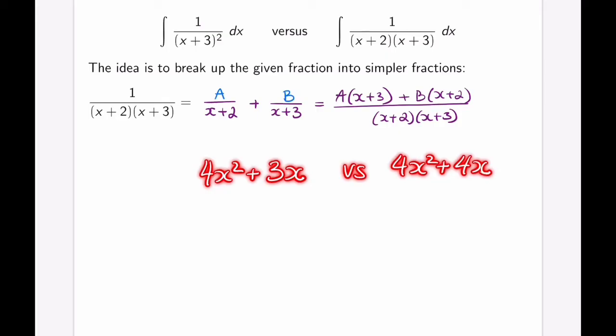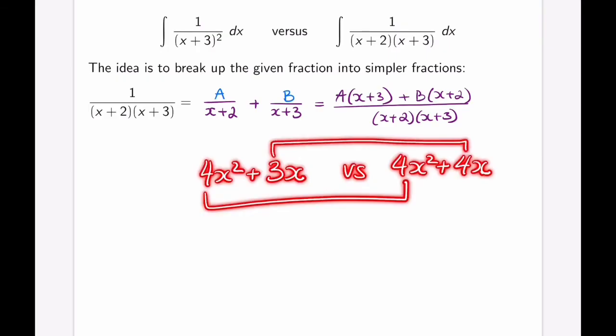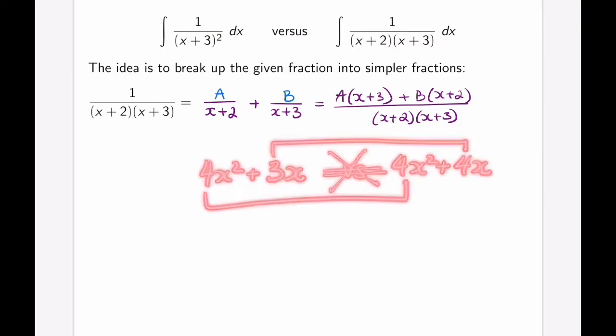Why or why not? How would you proceed with your comparison? Well, more likely than not, you will compare coefficient by coefficient of the corresponding power. The x squared terms here have the same coefficient, which is 4, whereas the x terms have a different coefficient, 3 versus 4, which means that these two polynomials are not equal.